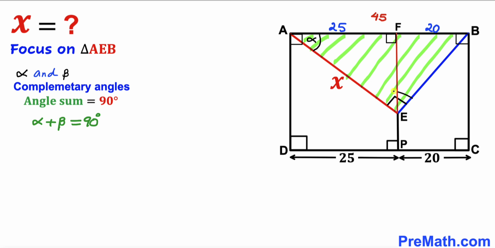This is our 90 degree angle, so this angle has to be our angle beta. Now let's focus on this right triangle. We know this angle is alpha. This is our 90 degree angle, so this angle has to be beta. Likewise, in this right triangle, if this angle is beta and this is our 90 degree angle, then this angle is going to be alpha.